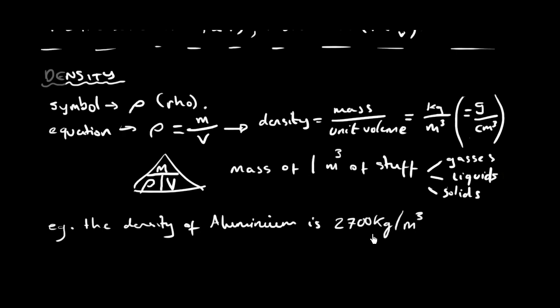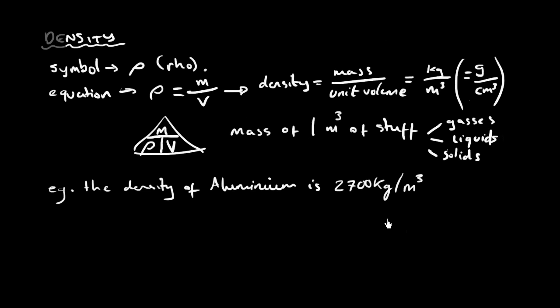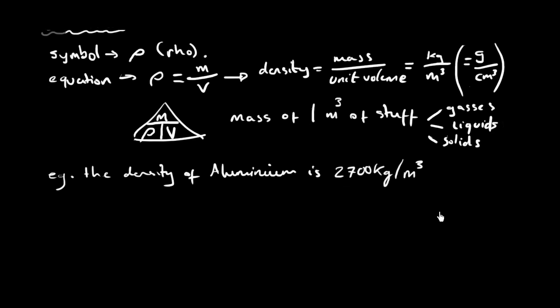Hopefully that doesn't strike you as too strange. That's like 2.7 tons for 1 meter cubed of pure aluminium. If you imagine 1 meter cubed of pure metal, you wouldn't be able to lift it, right? So that would be its mass.